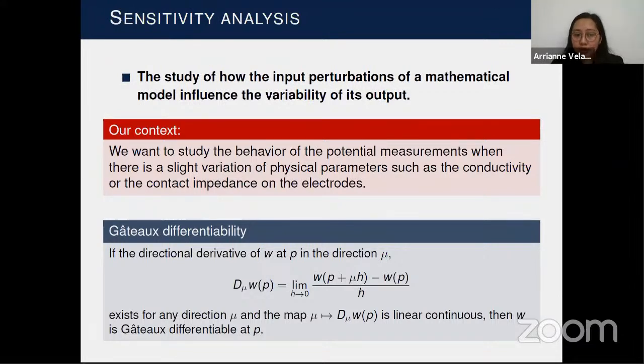And we introduce the Gateau differentiability as a mathematical tool for the sensitivity analysis.